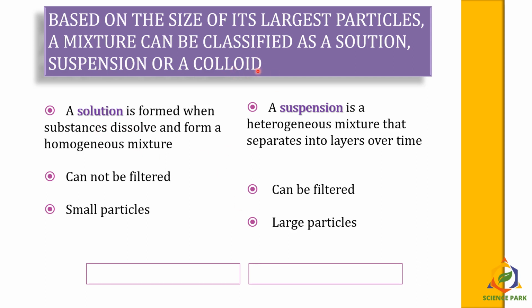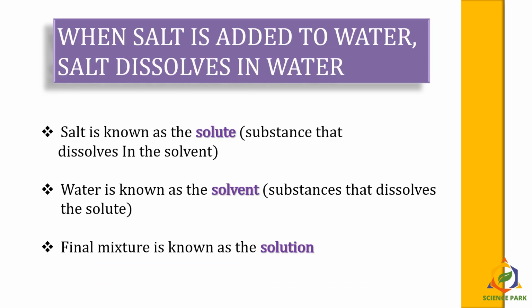In case of colloids, the size of the particle is between solution and suspension. So a colloid cannot be filtered, and a colloid is again a heterogeneous mixture. Now let's get to know these terminologies in detail.